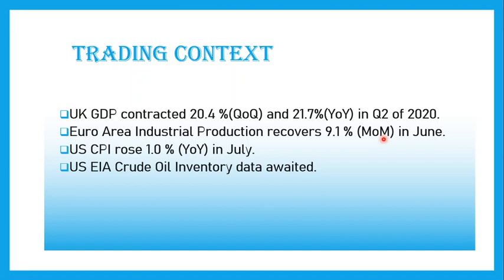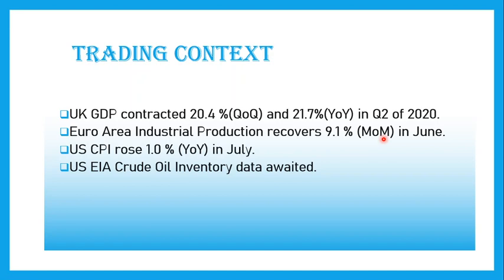Here we are experiencing a contraction of 20.4% in terms of quarter on quarter, and in annualized terms the contraction stands at 21.7%. This data is the worst since data keeping began, and certainly worse since the Second World War.